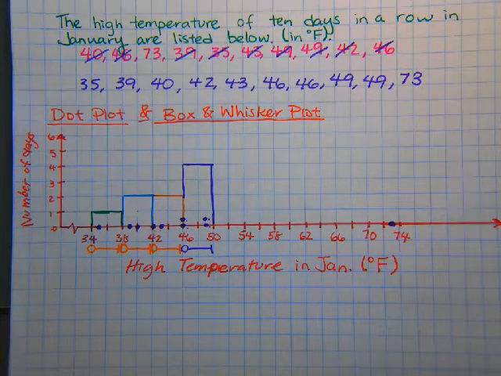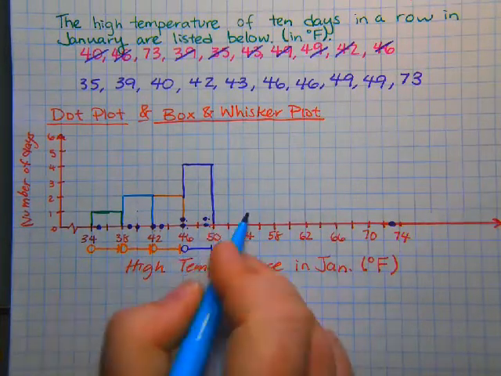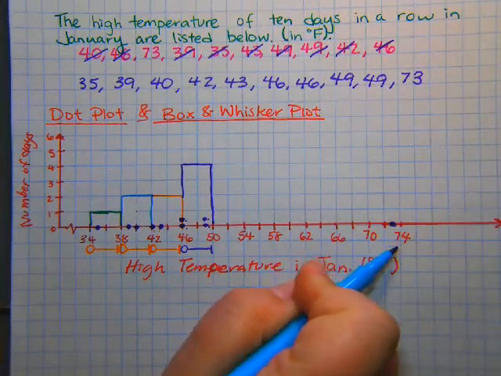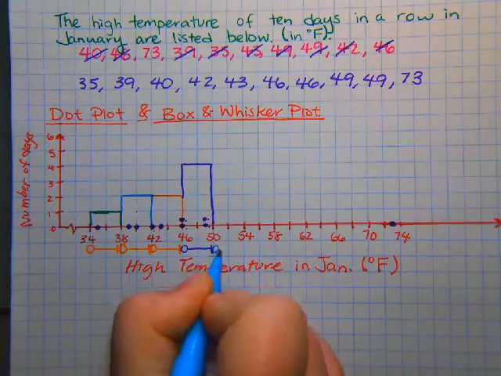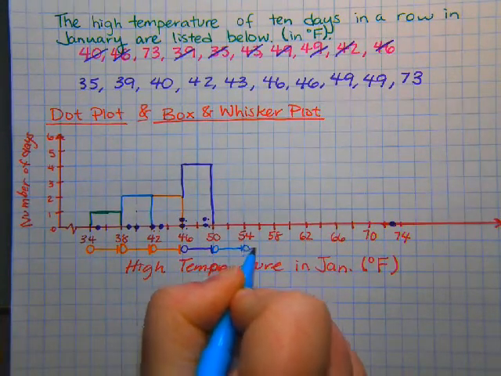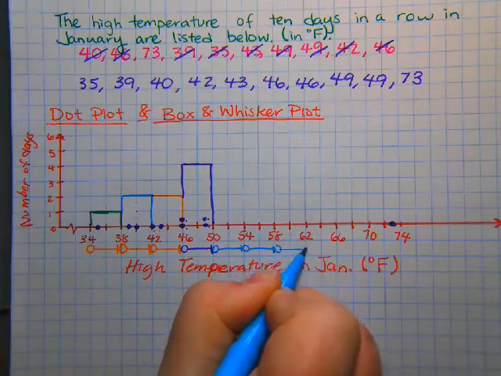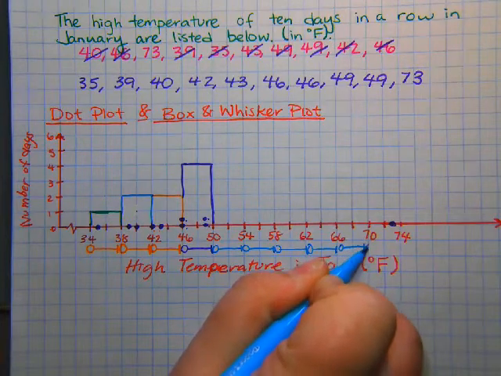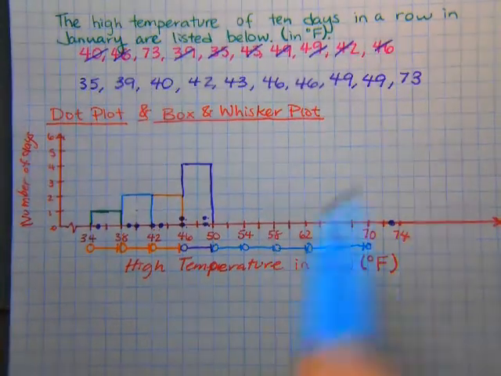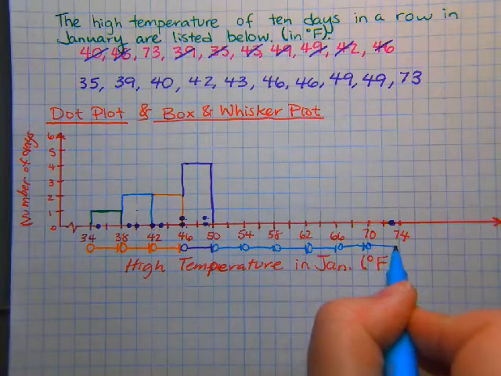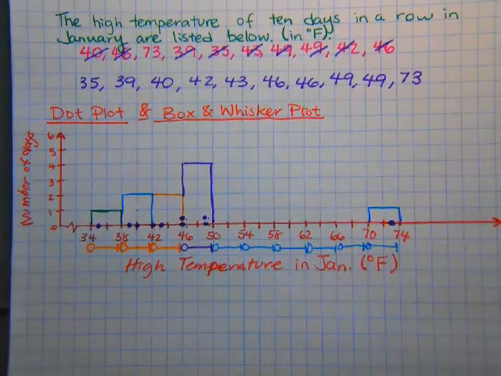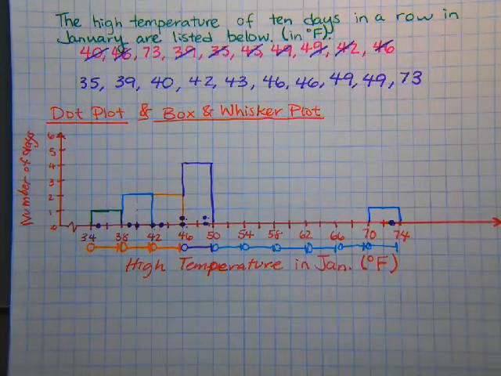So real quick, I'm just going to measure out 70 to 74, in this section. Great. So now there is my histogram.